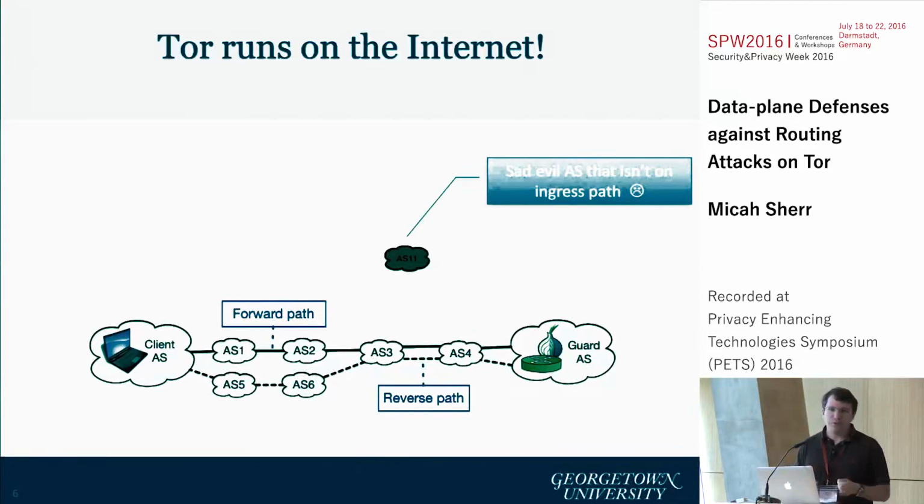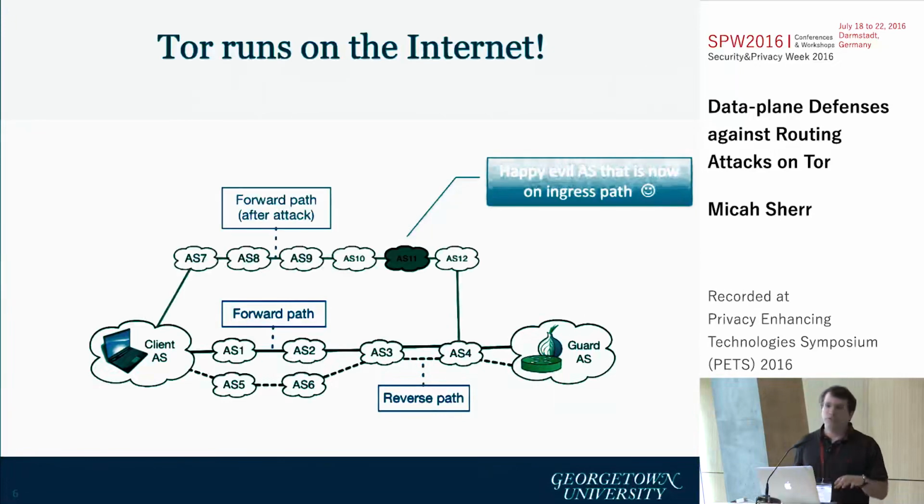This is a sad adversary who really wants to enumerate who the client is, but it's not on the ingress path. This entire paper is about doing this: the adversary attacks BGP or does some BGP manipulation of the internet's control plane to cause traffic to be routed, in either the forward or reverse direction, it doesn't really matter, from the client to the adversary to the guard, or the other way around. And at this point, the adversary becomes happy because it can figure out who the client is.